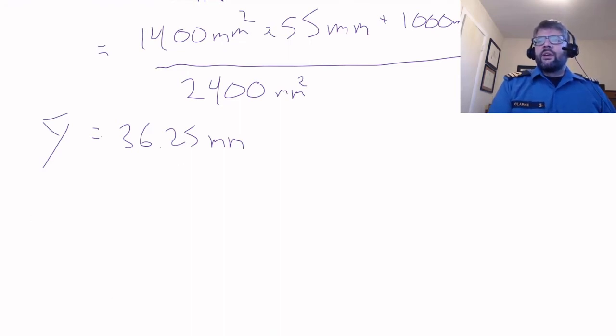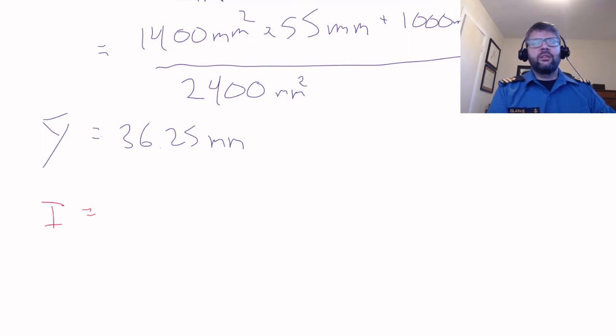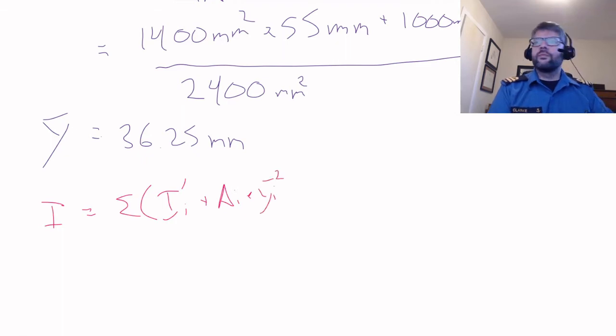So what else? We need to go ahead and use our parallel axis theorem to figure out what our I is. So the I is just going to be equal to the sum of the I primes for each plus the area for each times its individual y bar squared.